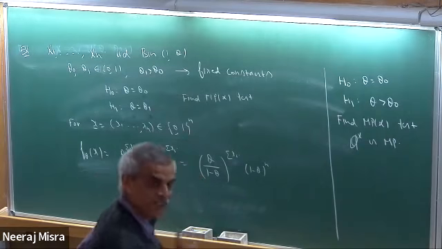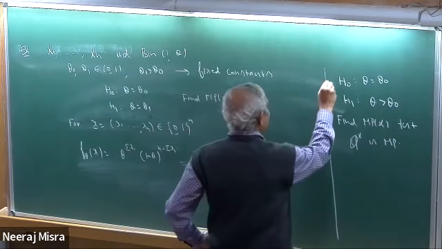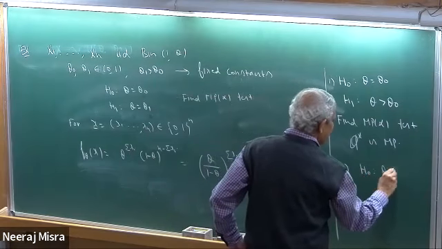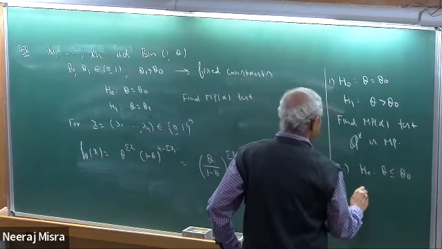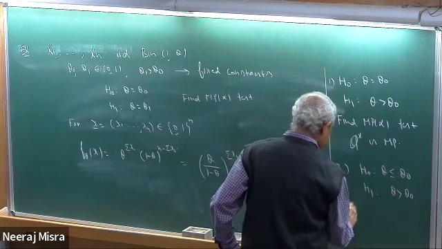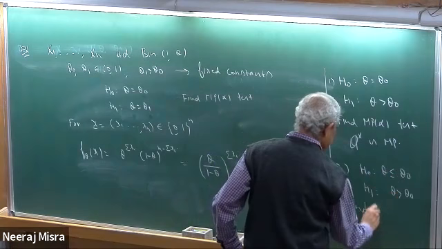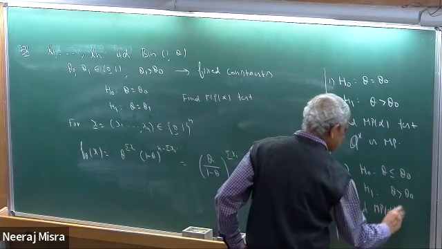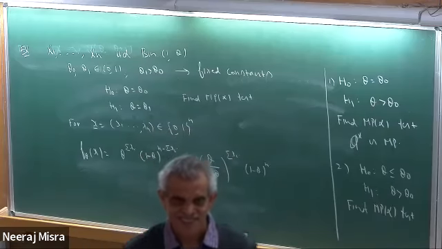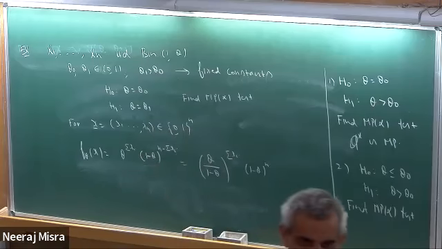Okay, now I go one step further. So this first H naught, that theta is less than or equal to theta naught, against theta greater than theta naught. Why will it be the same?